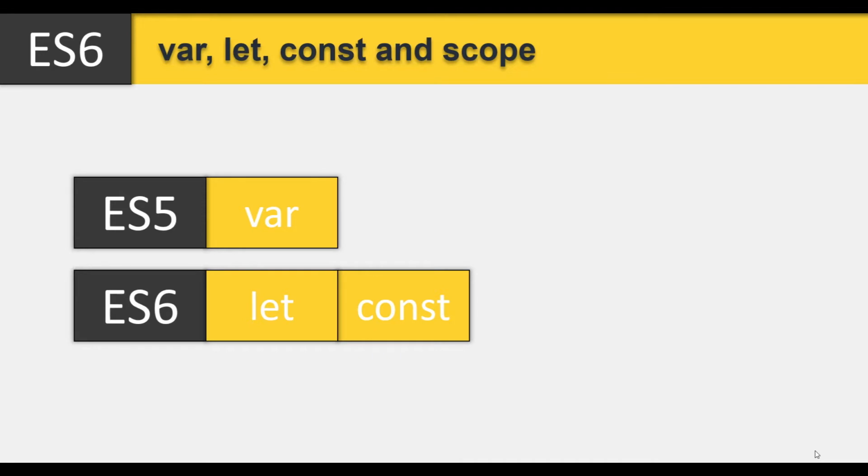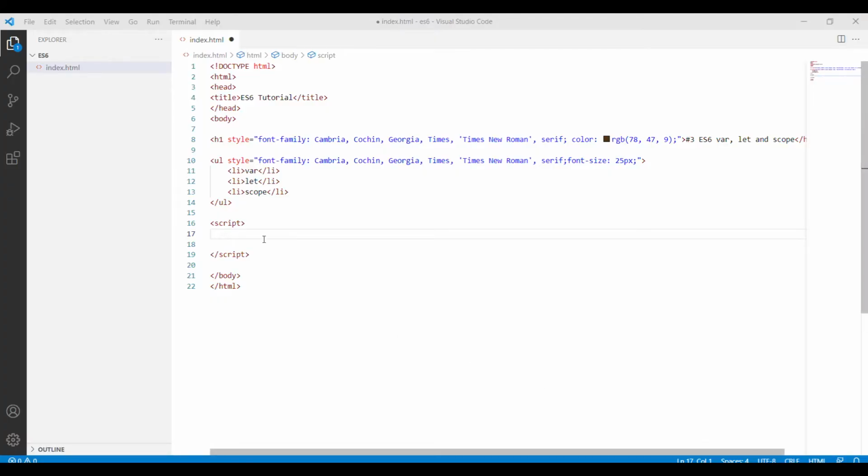Now let's check. We will do it practically, so it will make you more clear about var, let, and const. So here it is a plain HTML. In the script tag, we will do the coding for ES5, and we will also do the coding for ES6.